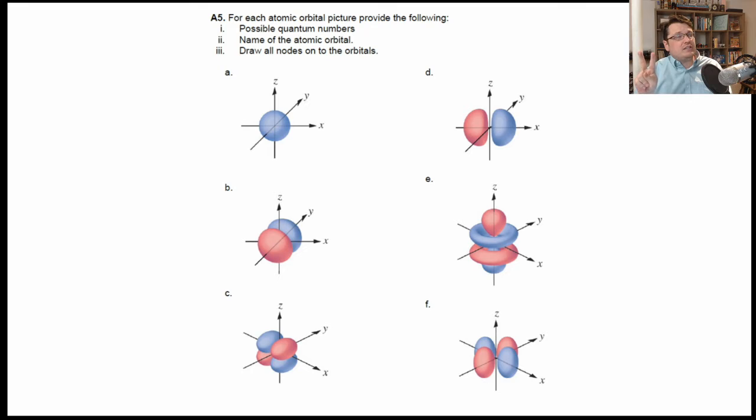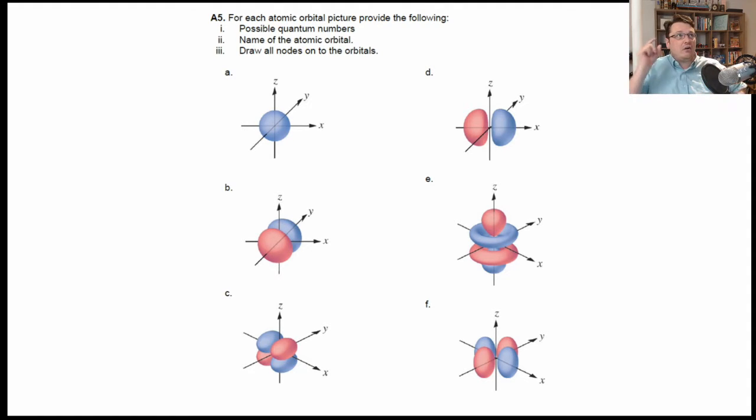So those are the two distinct things to always look for, how many nodes you have, because the important thing is that if you know how many angular nodes you have, that tells you what the L value of the orbital is. And then if you know how many radial nodes you have, you can add that to the number of angular nodes, and you can find out what your N value is, your principal quantum number.